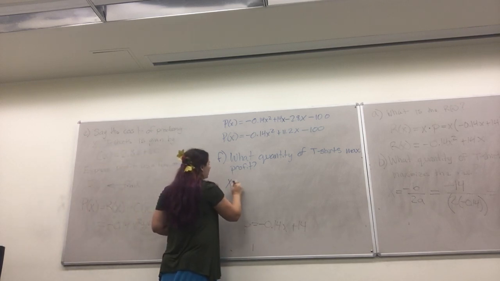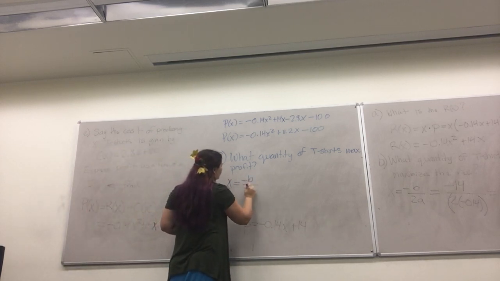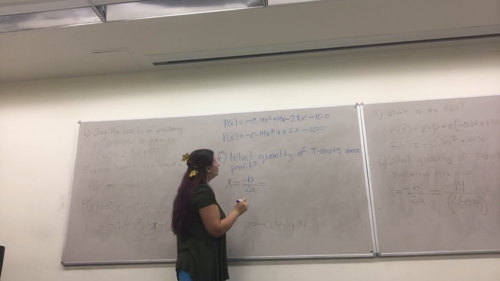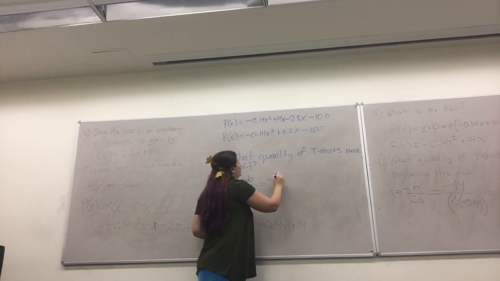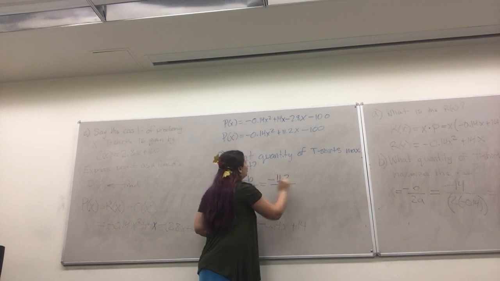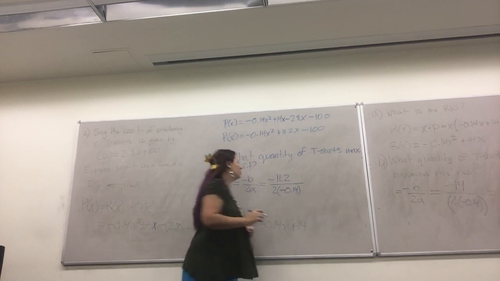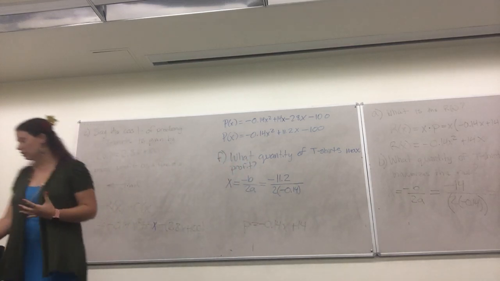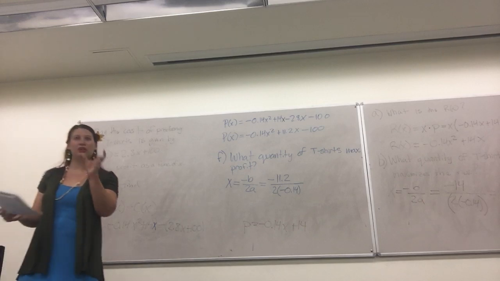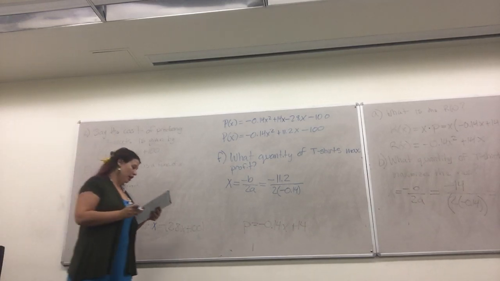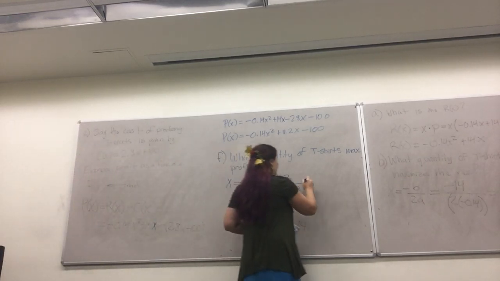So the x is equal to negative b over 2a, which is negative 11.2 over 2 times negative 0.14, which again, if you put that all at once, just make sure you have those parentheses, and we get 40 this time.